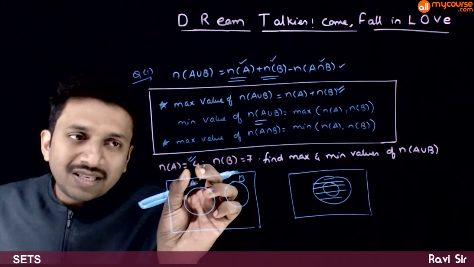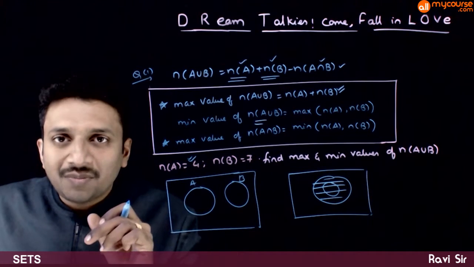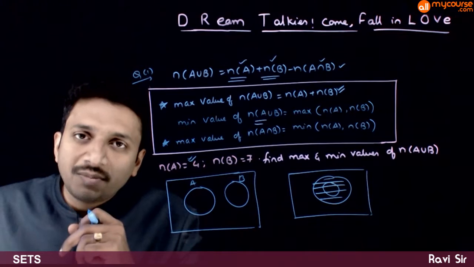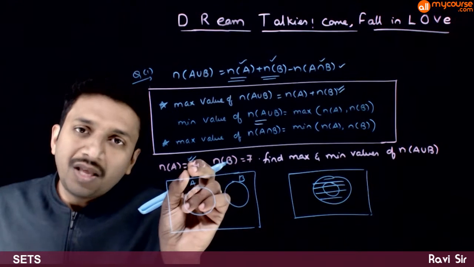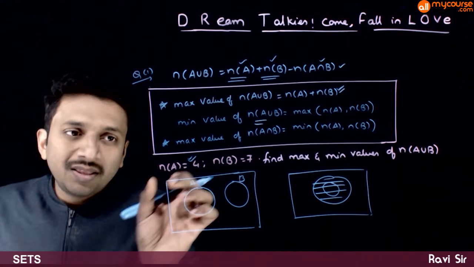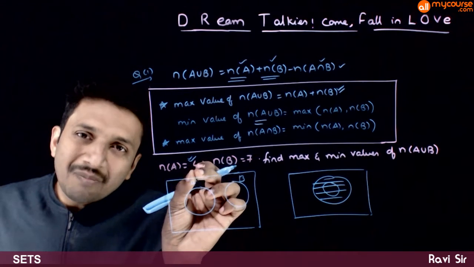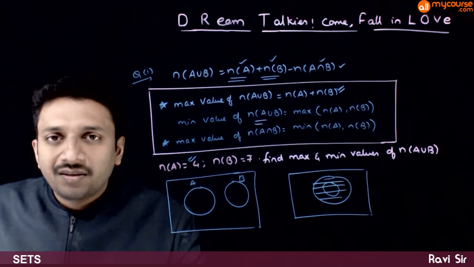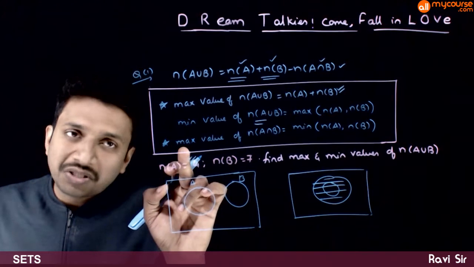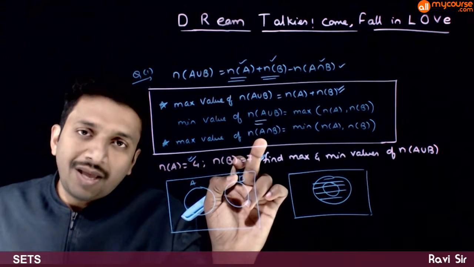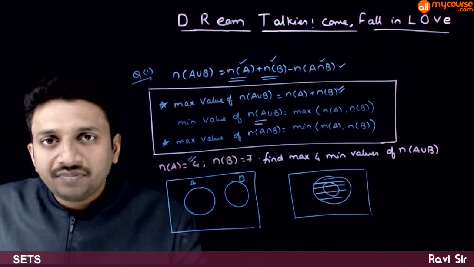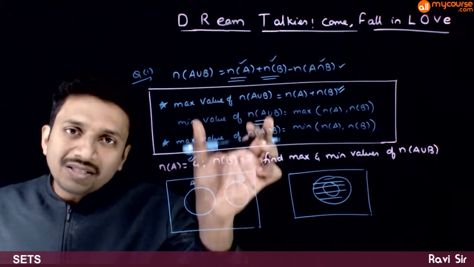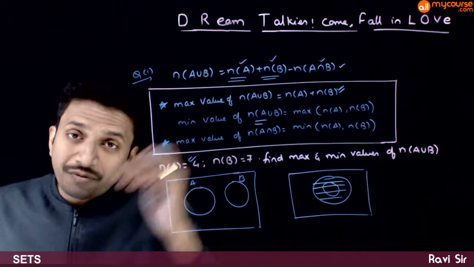Because the first set has 4 elements and the second set has 7 elements, there cannot be more than 4 common elements. If all the elements of A are also present in B, then you have all 4 common elements, and n of A intersection B will be maximum, equal to 4. So I hope you understood this concept. The maximum value of n of A intersection B is the minimum of n of A and n of B. These are very useful formulas.